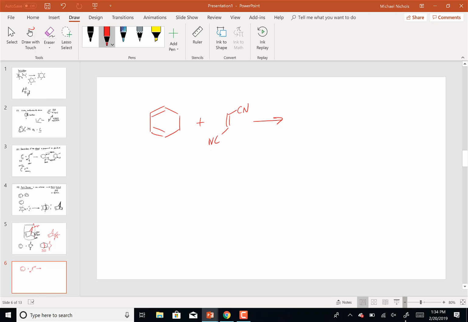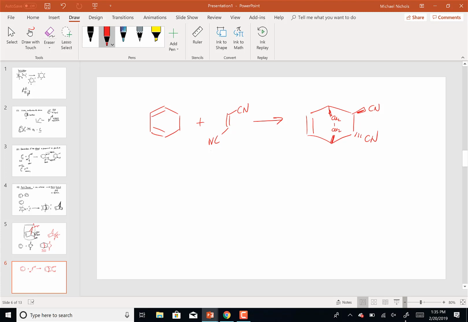So we would get, if we wrote the product out this way, our double bond, our CH2 group, our other CH2 group, then bonded to carbon 4. And then one of the CN groups would be on a bold wedge, and the other one would be on a dashed wedge. And that's not exo or endo. Exo or endo has to have both those groups being the same, being cis.